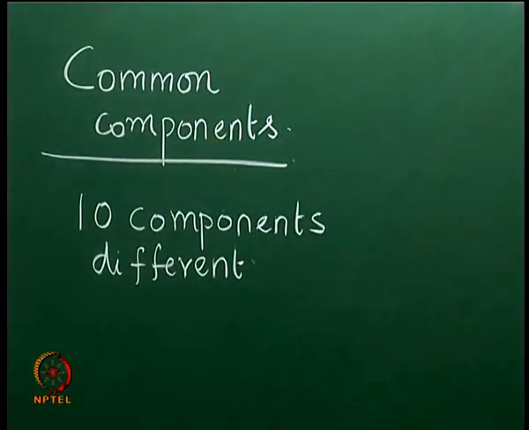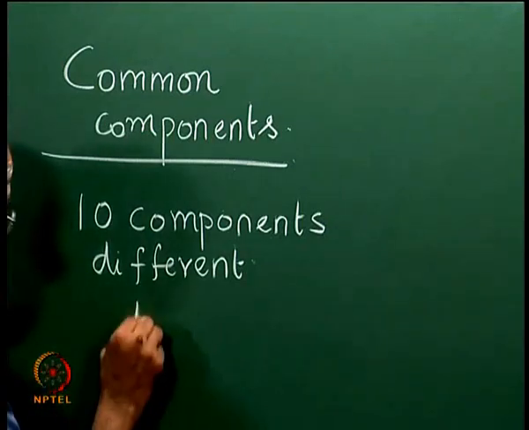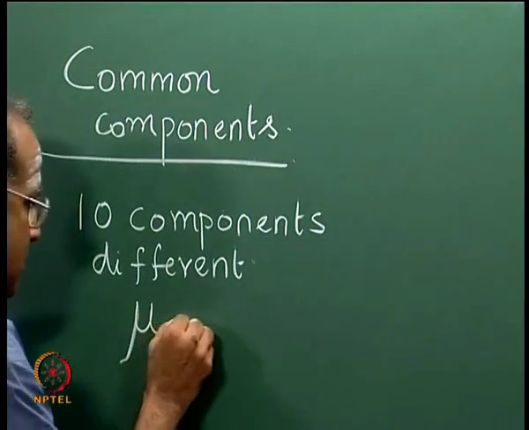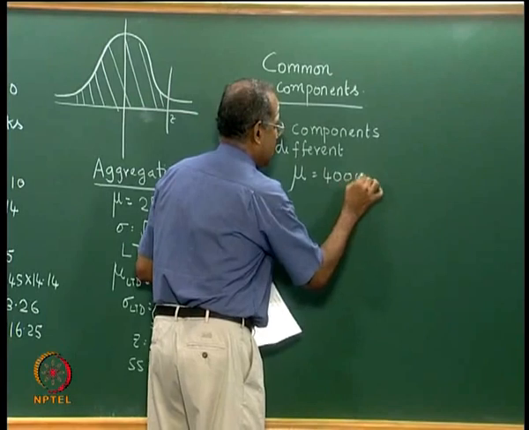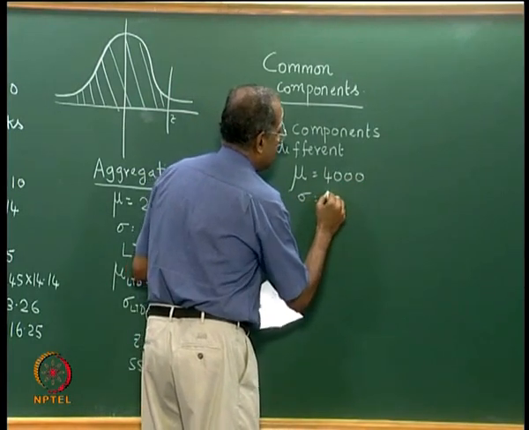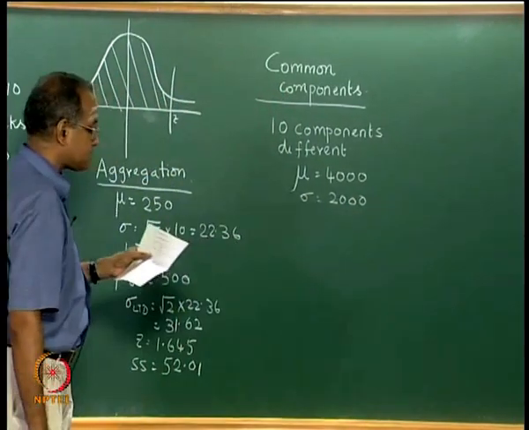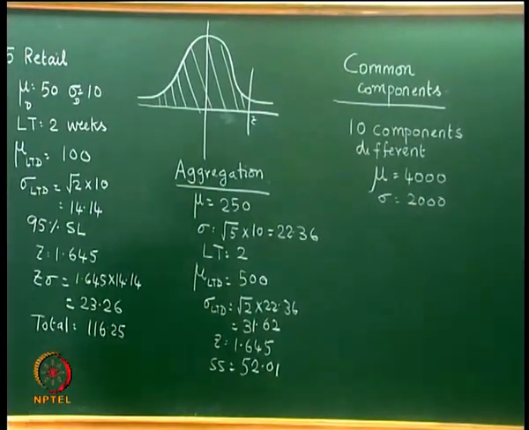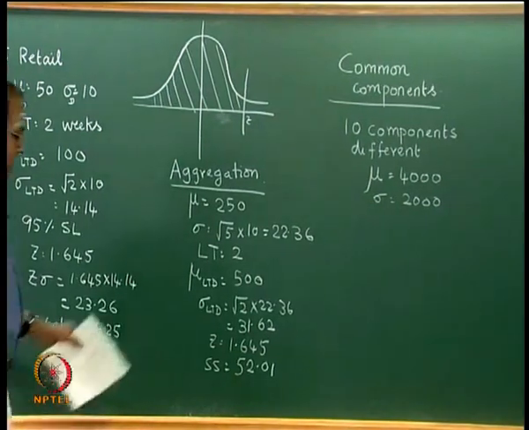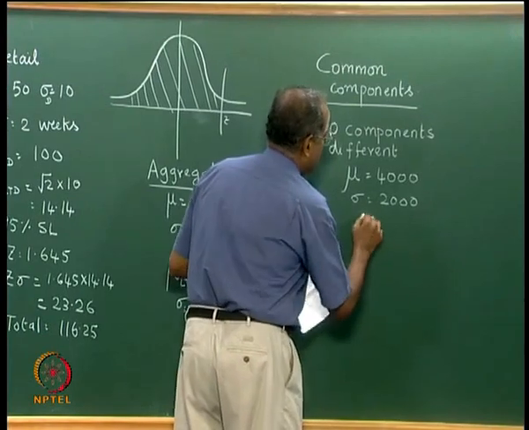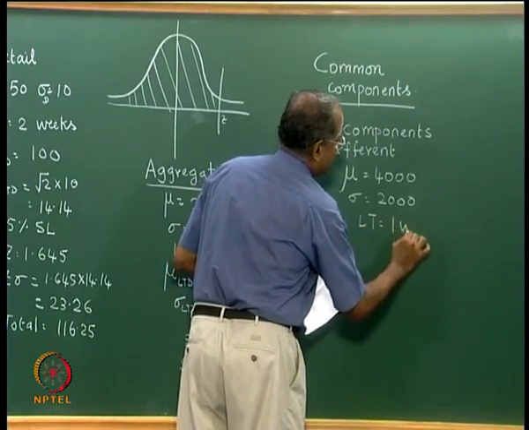Let us also assume that the lead time demand shows a distribution with mean equal to 4000 and standard deviation equal to 2000. And lead time is equal to, let us say, 1 week.